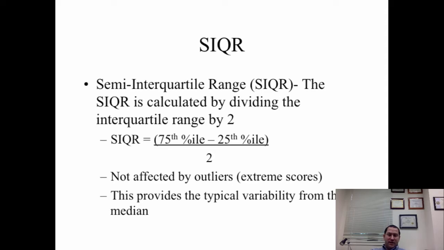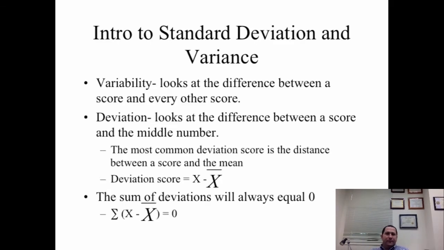It's interesting that the midpoint is the 50th percentile, which was the median. So the semi-interquartile range is a similar statistic of variability to what the median gives us for central tendency. I hope that helps.